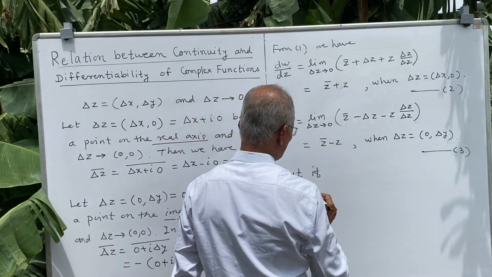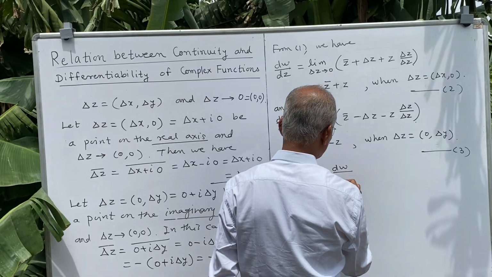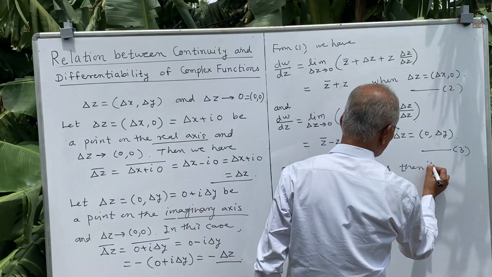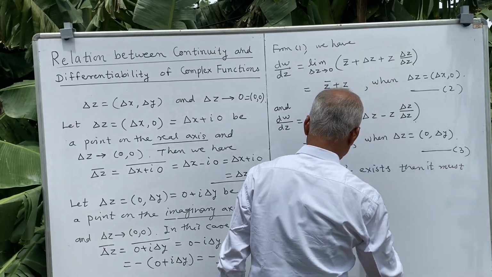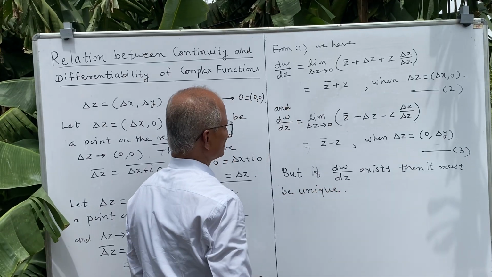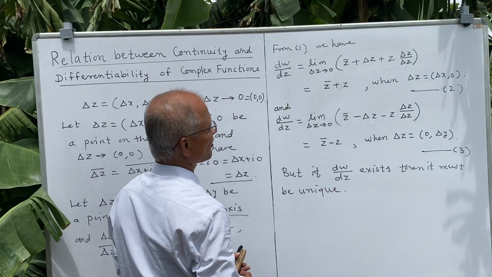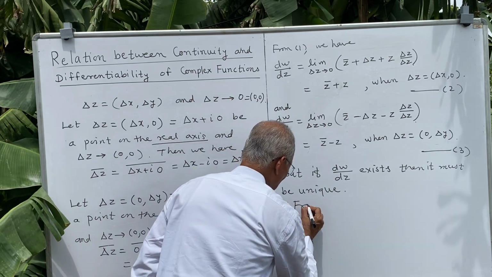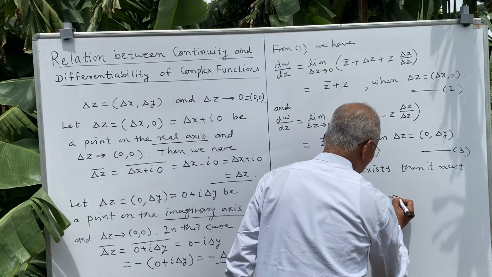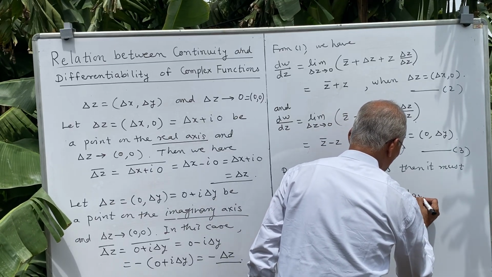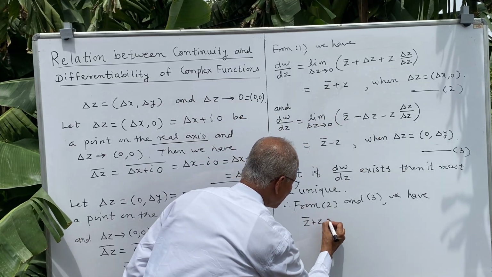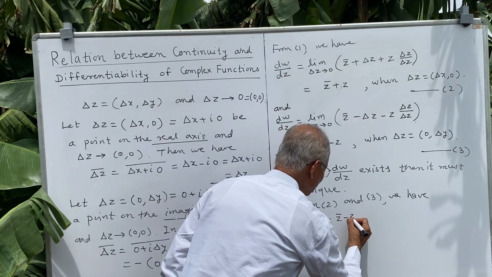If dw by dz exists, then it must be unique, and therefore from 2 and 3 these two are equal, that is, z bar plus z is equal to z bar minus z.